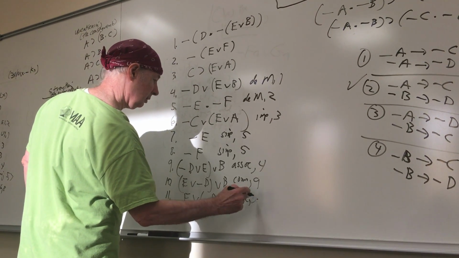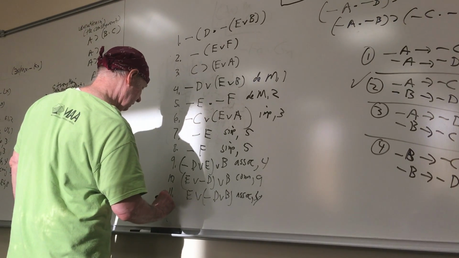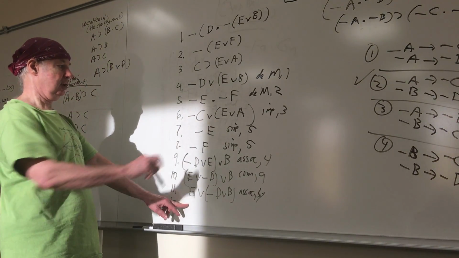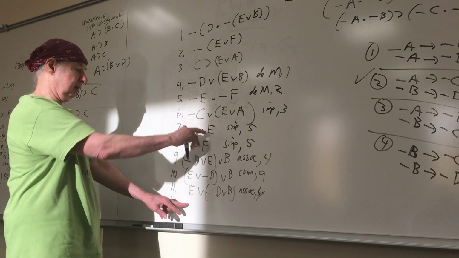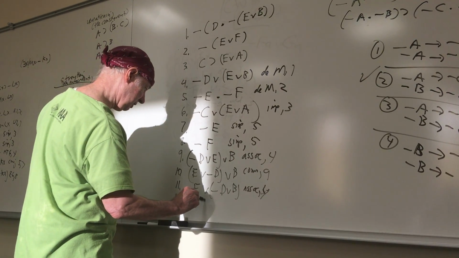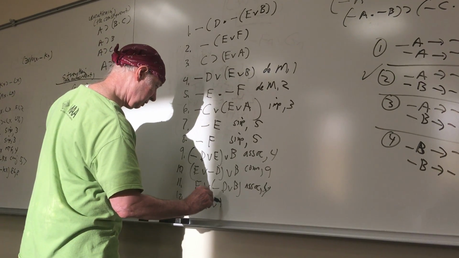And now we can do DS with squiggle E to get squiggle D wedge B.